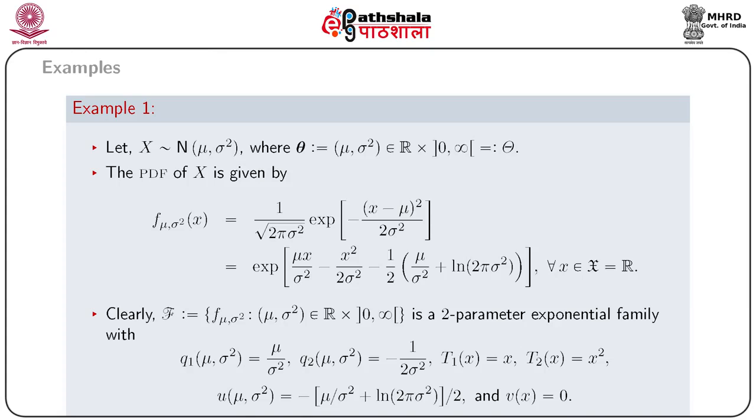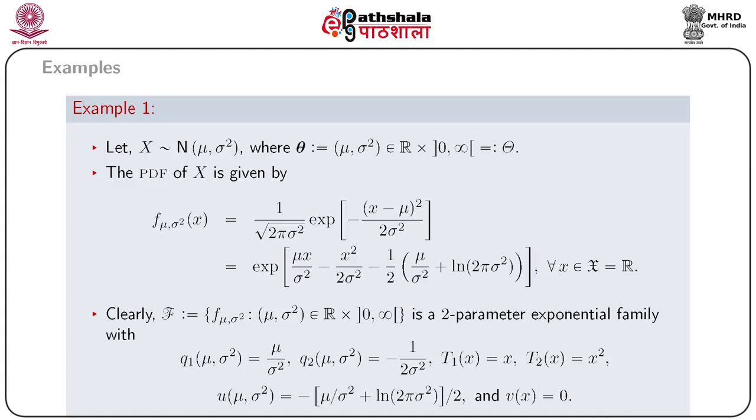Now, the PDF of x is f x equals 1 by sigma root 2 pi into e to the power minus 1 by 2 sigma square into x minus mu whole square, which equals 1 by sigma root 2 pi e to the power minus 1 by 2 sigma square into x square minus 2 mu x plus mu square, which equals e to the power minus x square by 2 sigma square plus mu into x divided by sigma square minus half into mu square by sigma square plus log 2 pi sigma square.